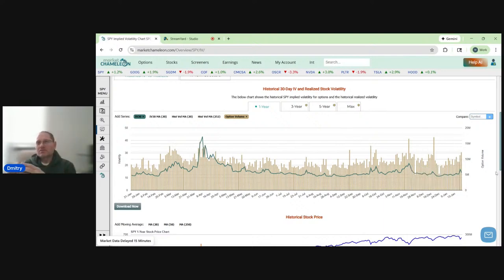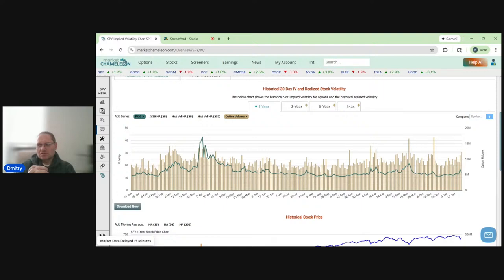When we think of what is IV, what is implied vol, it's a metric that's derived from option prices. So it's not derived from a stock price. We have to reference options, take those option prices, put them into an option pricing model, and then we get this implied volatility.